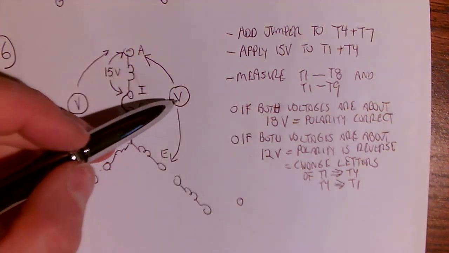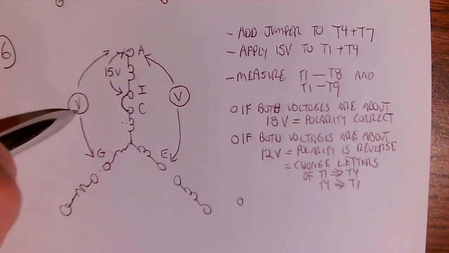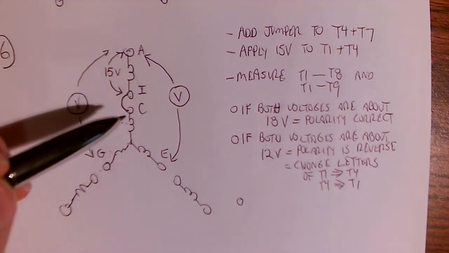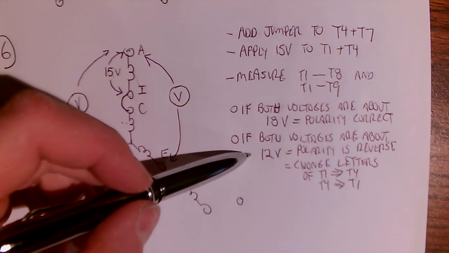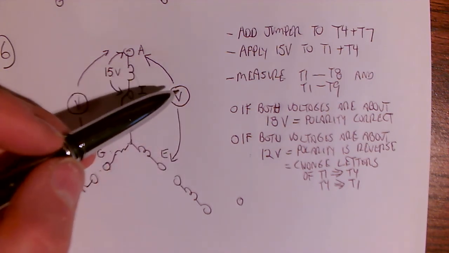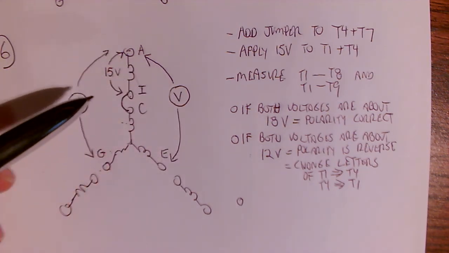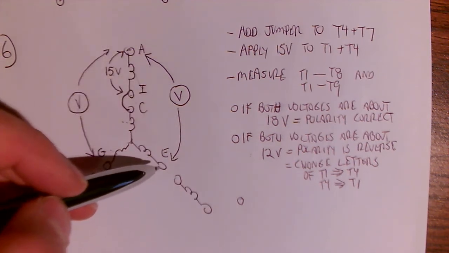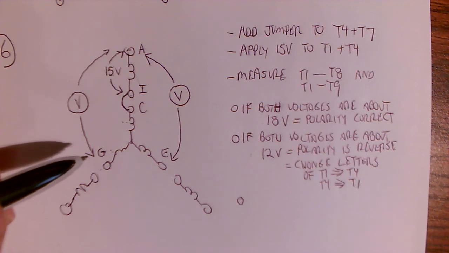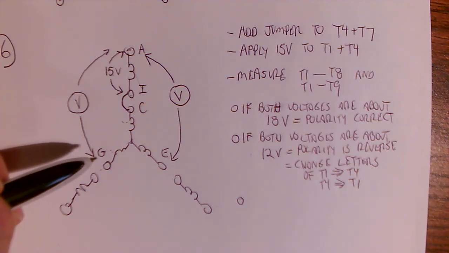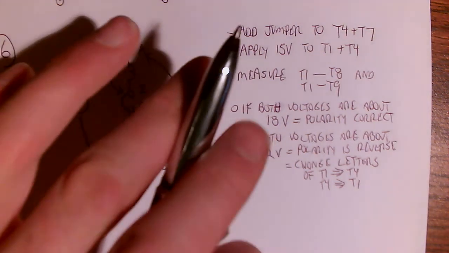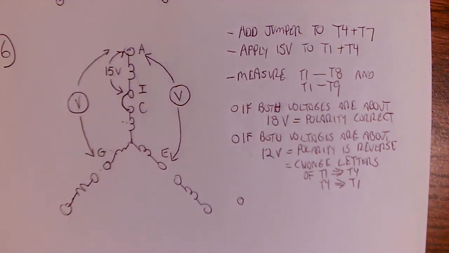Let's say one side is 18.1 and this side is 17.6. That's still good enough. And a little bit of practice will show you that. Same for around 12 volts. So if it's 11.5 and the other one's 11.8, you're in the ballpark. But if you measure, let's say, 15 volts here, and 15 volts here, or 15.2 or 14.5 or something, something's wrong, and it's in the process of something that you've done previously. So you've got to start from the beginning.